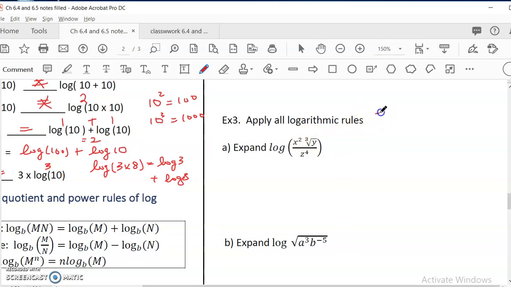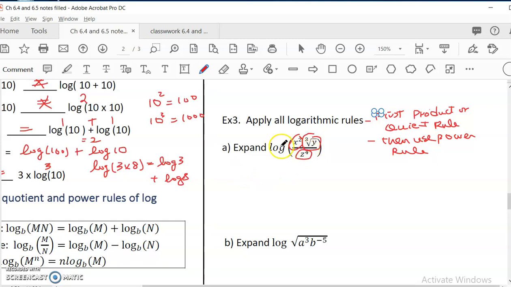So first use the product or quotient, you can use them together first. And lastly, use the power rule for expansion. Okay, so you'll see that this is multiplied with this, which is divided with z to the 4.